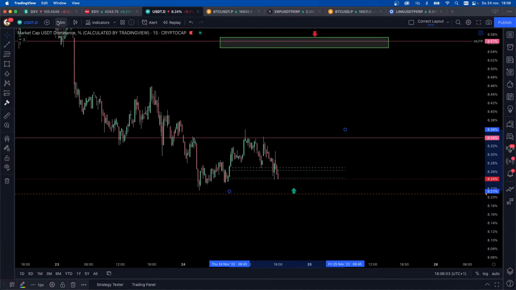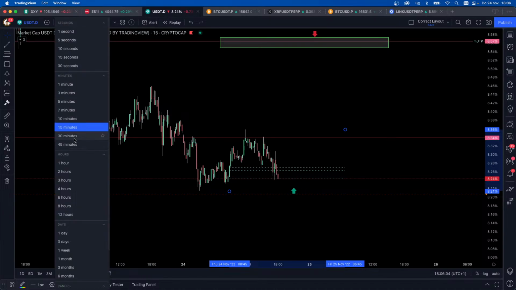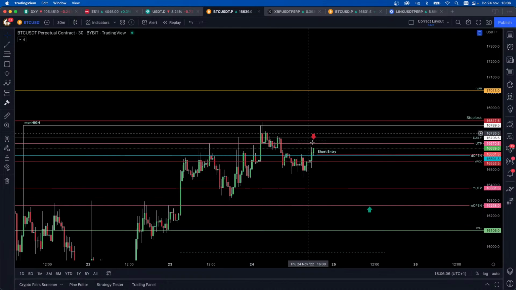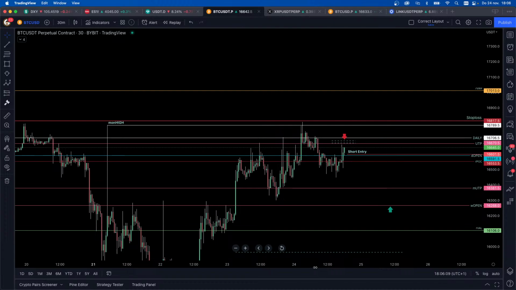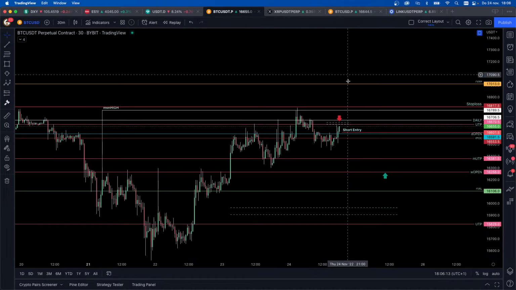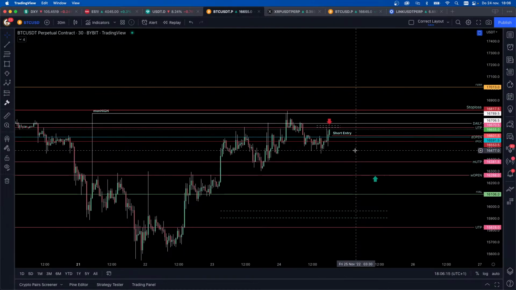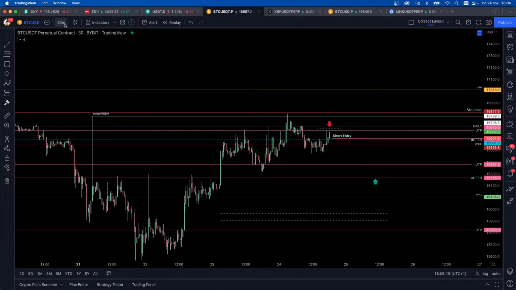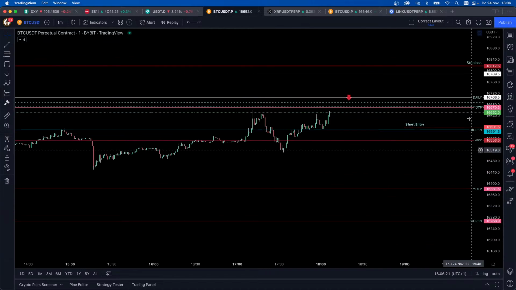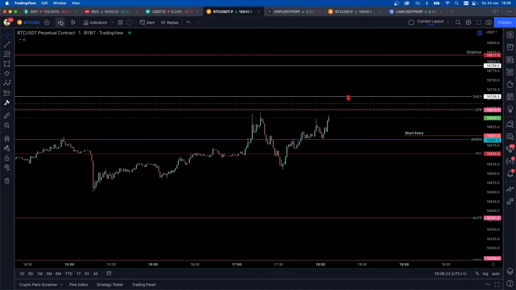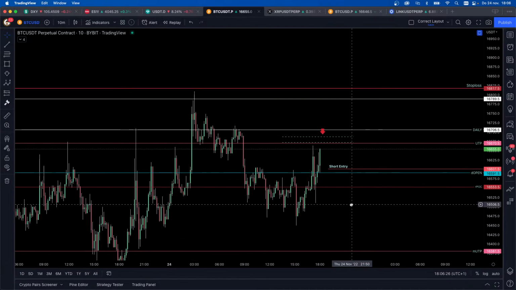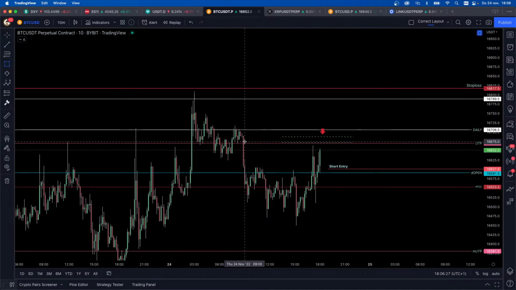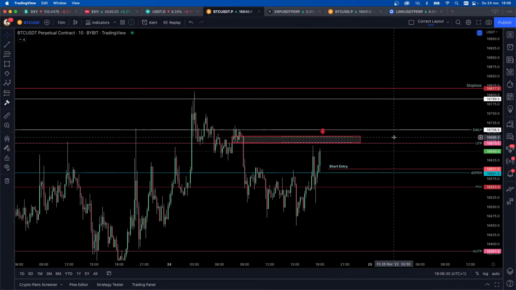Yeah, USD is breaking down here. Higher lows, we could majorly see a breakout. Like I said, this is the last level of resistance.